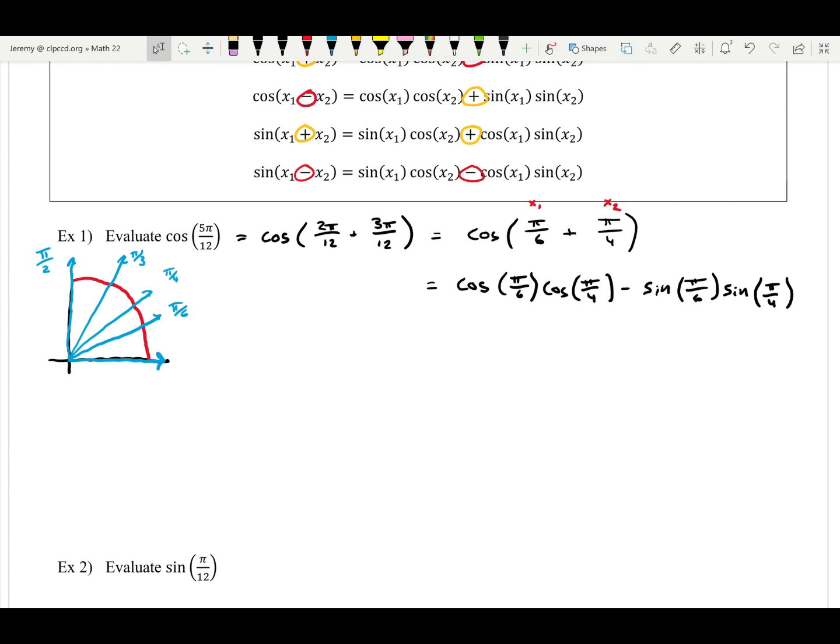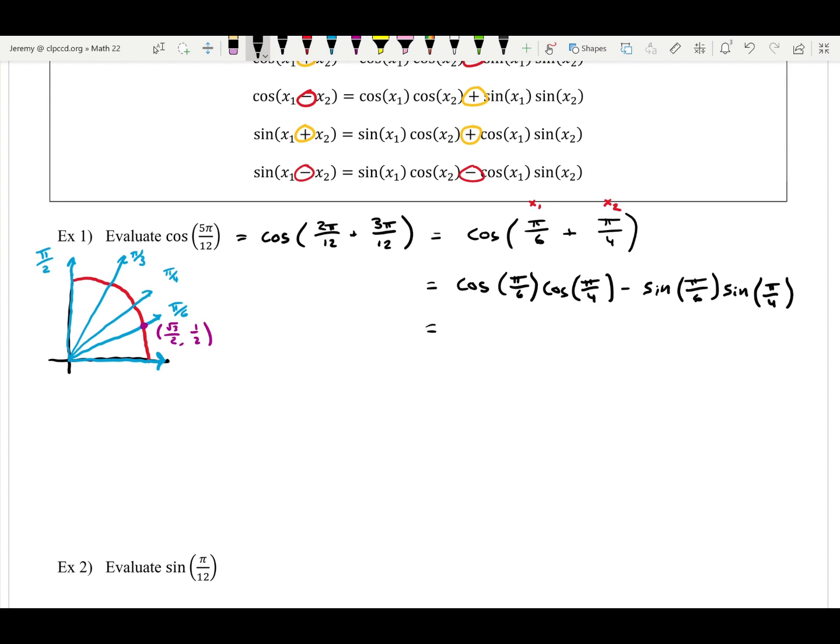So cosine of pi over 6, we have the unit circle up, so remember, we're just thinking about these terminal points. That terminal point on the unit circle at the angle pi over 6 is, the x-coordinate is root 3 over 2, the y-coordinate is 1 over 2.